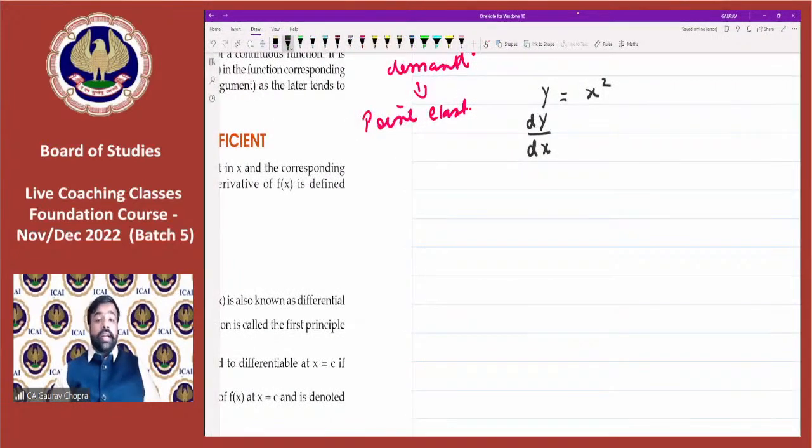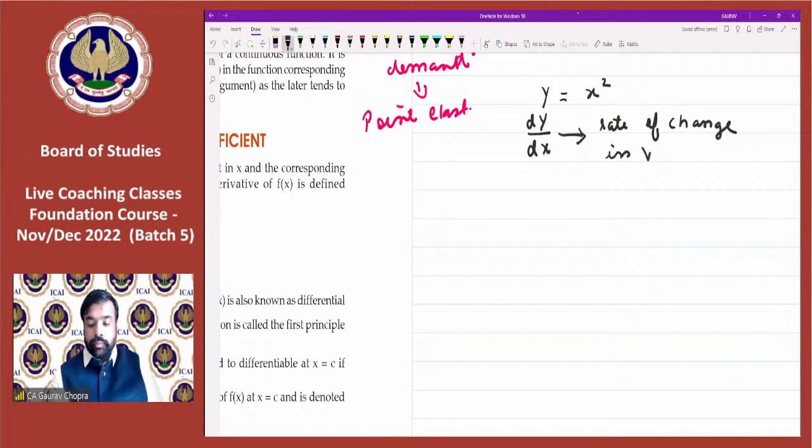Now, what is the meaning of dy by dx? dy by dx means rate of change in variable y with respect to x, or we can say differentiation of y with respect to x.